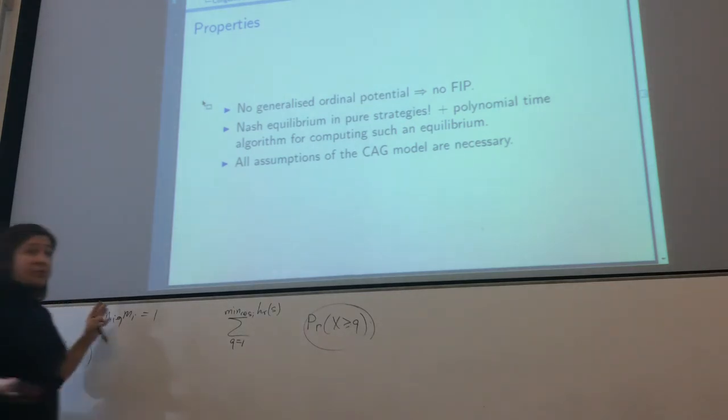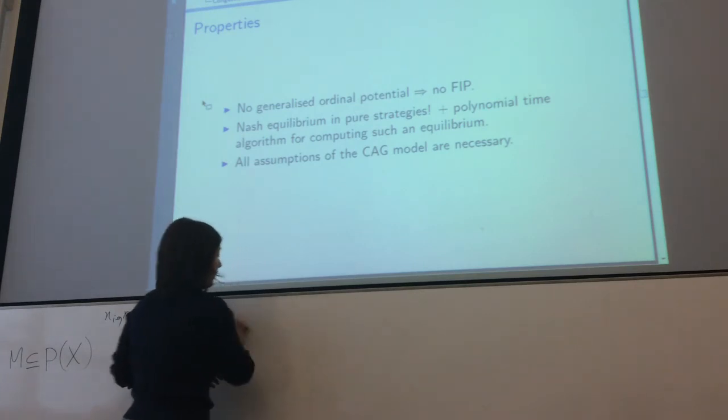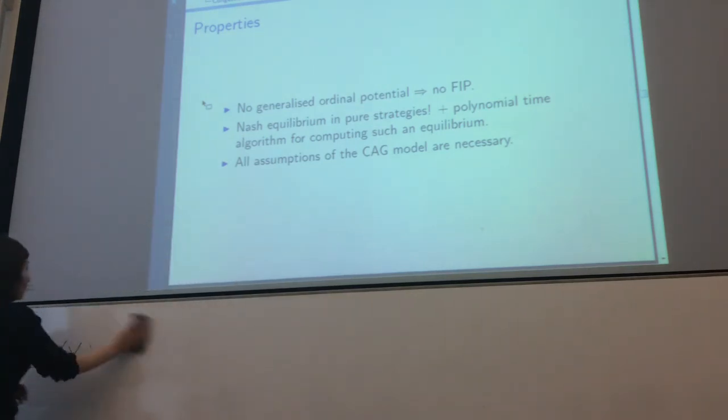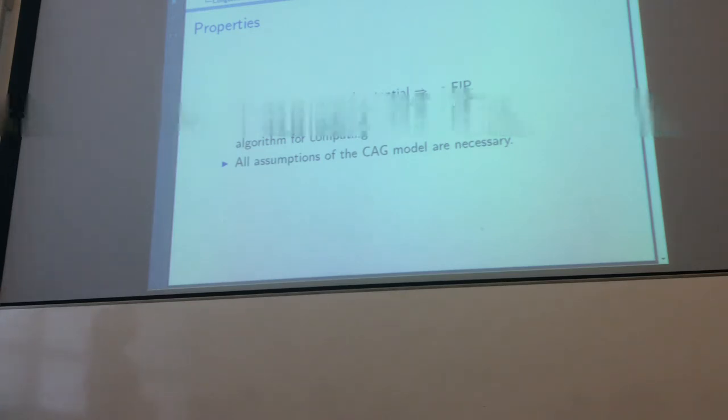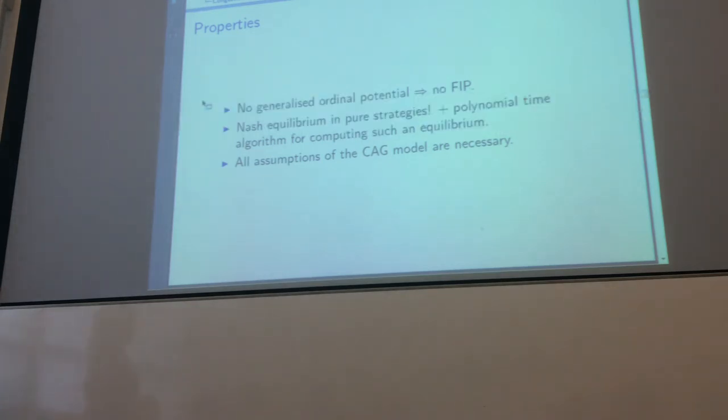They do capture quite a few applications indeed. The model is general. Can we say anything good? Well, not about everything. For instance, the finite improvement property will not hold anymore. So there is not even a generalized ordinal potential function, and of course no exact potential function, and so on. So no potential function in these games.